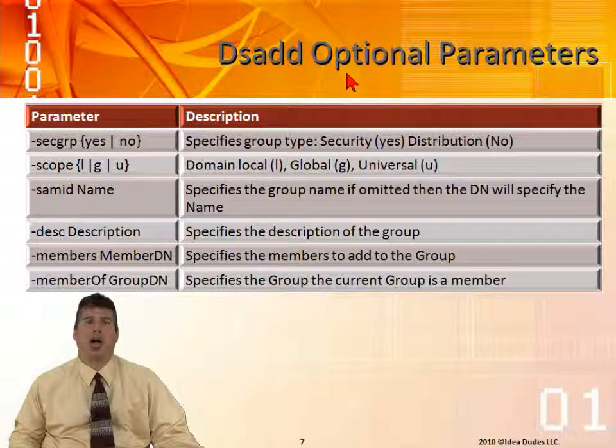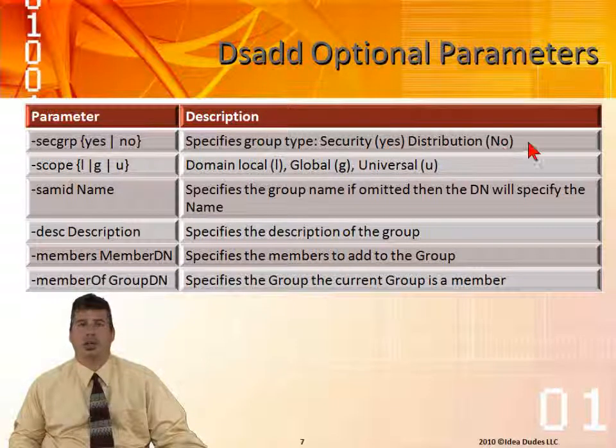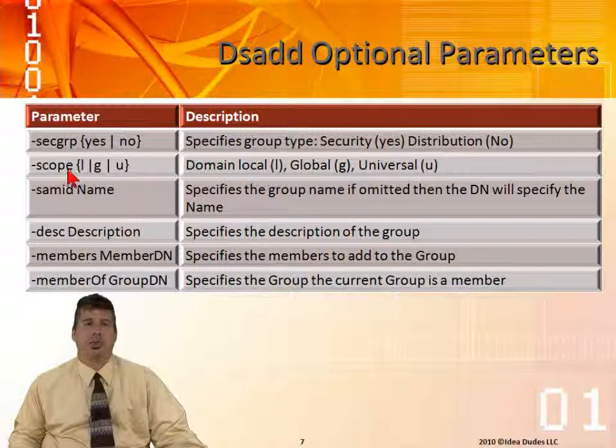Here are the additional options for Dsadd. We have dash secgrp, yes or no, which specifies a group type, security or distribution. So if you say yes for security, then it's not going to be a distribution. Dash scope, which is local, global, or universal. So domain local, not the local group as in the computer, but local to the domain.